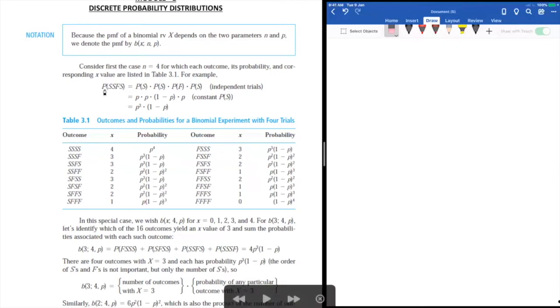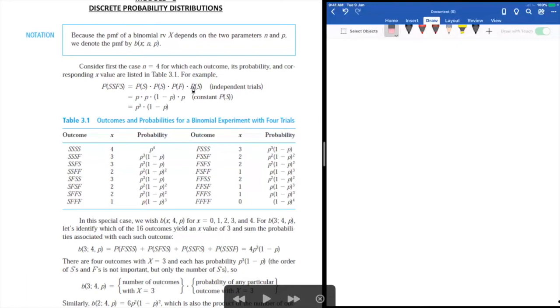So for example, the probability of success, success, failure, success is equal to P of S into P of S into P of F into P of S. That is the probability of the first success into the probability of the second one into the probability of failure into the probability of success.